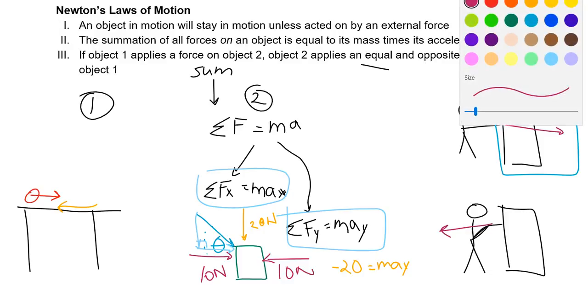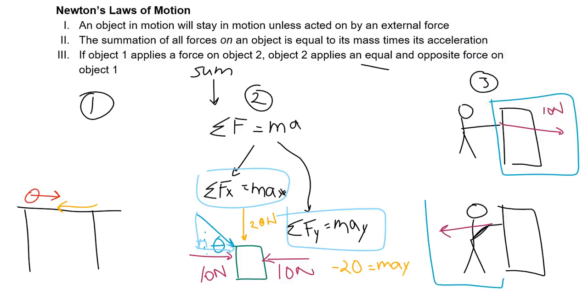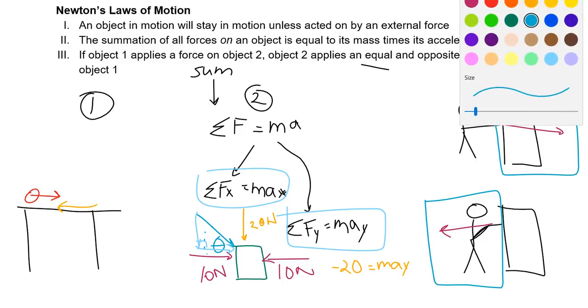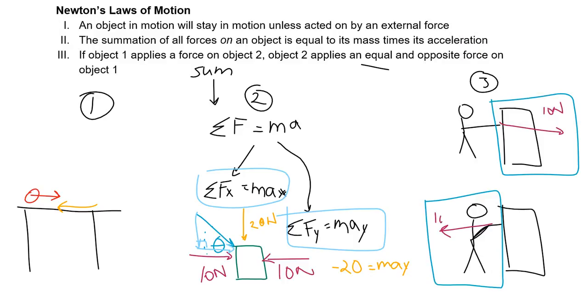In this case, we're considering the system of the person, not the box. These are two different systems, but only one action is applied. So you have to remember that all forces result in an equal and opposite force on the other object.